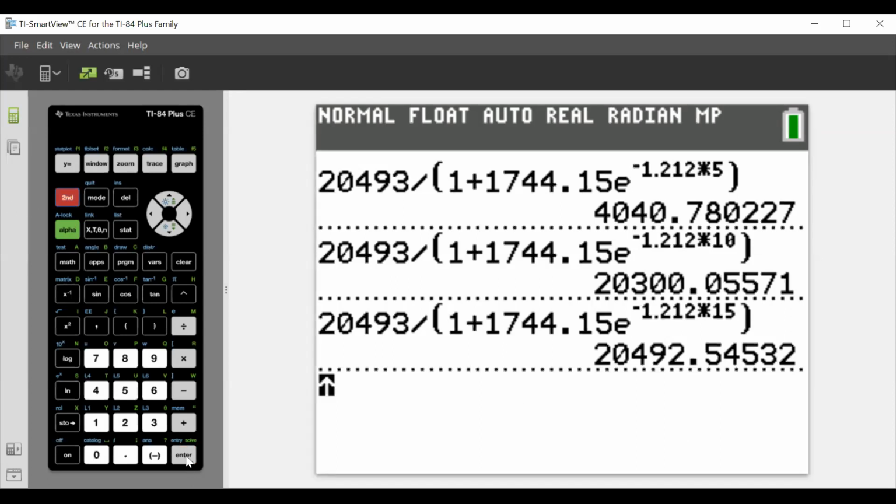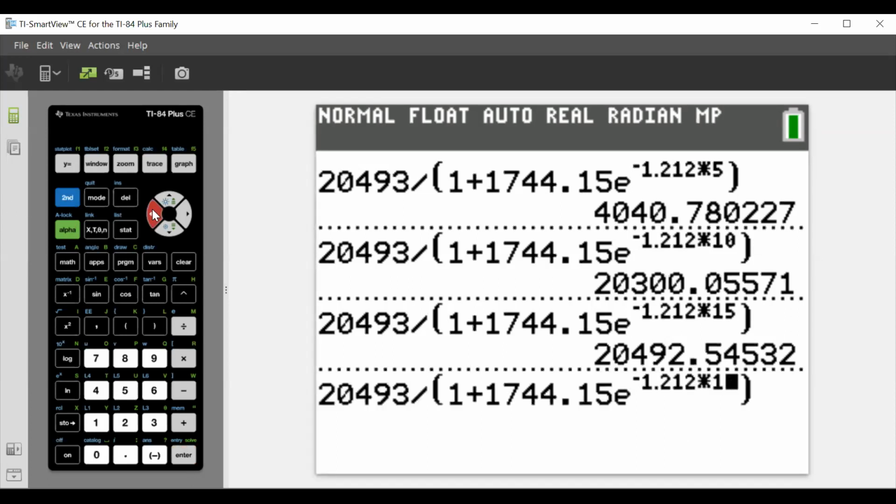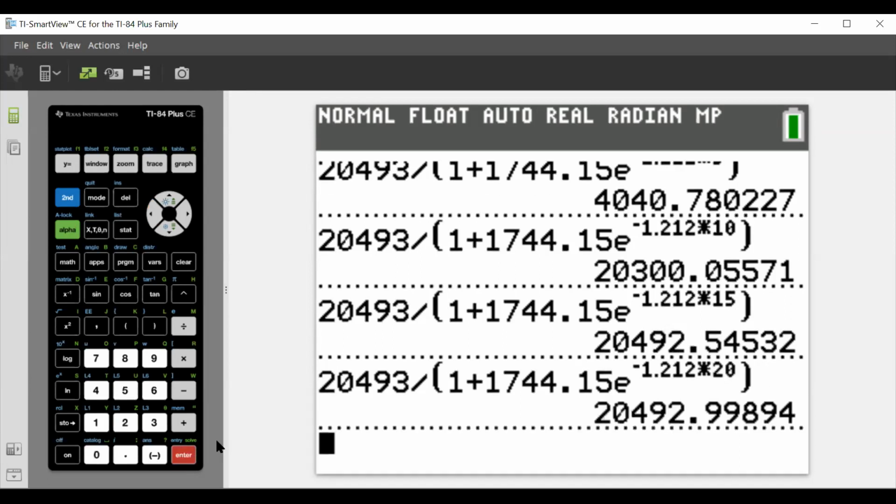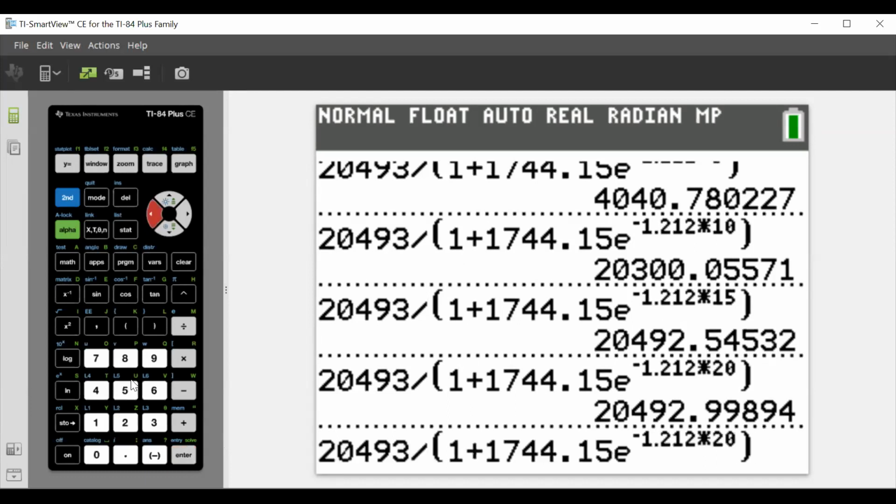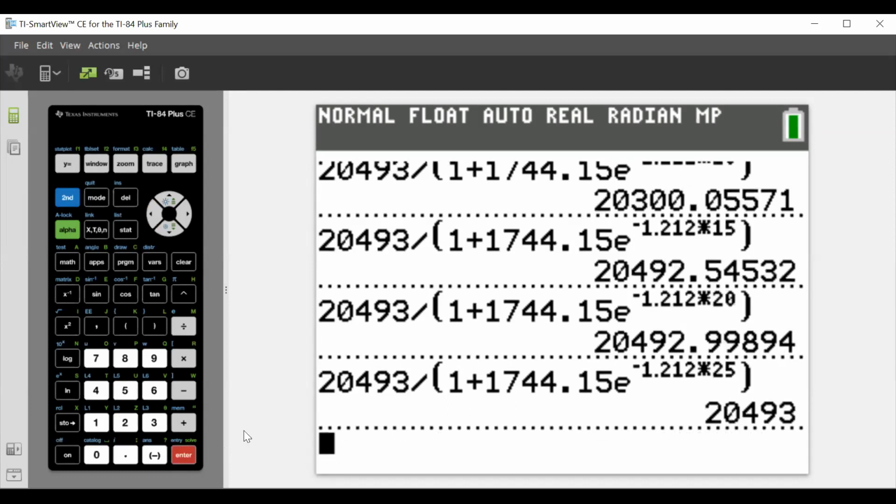Now we'll go up to the next one, 20, and we get 2492.99. And then we go to the next one, our 25, and we get 2493.